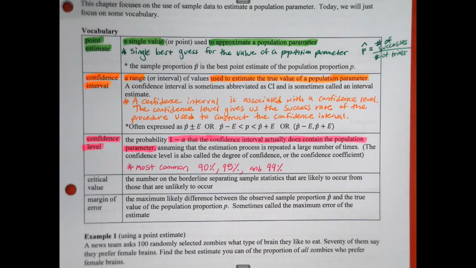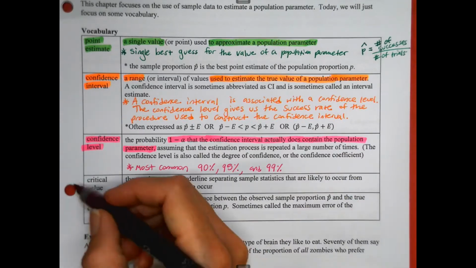Critical value. Critical value is the number on the borderline that separates sample statistics that are likely to occur from those that are unlikely to occur.